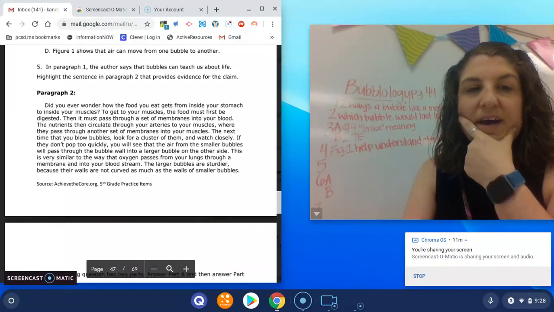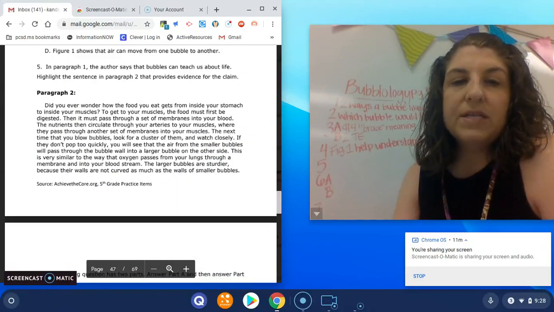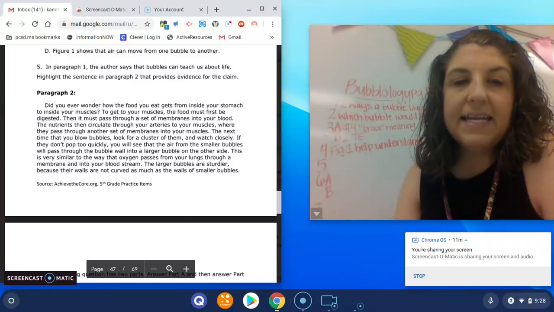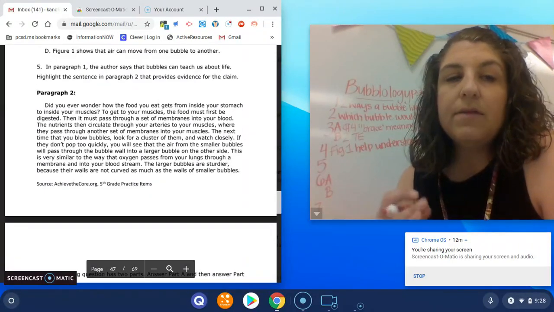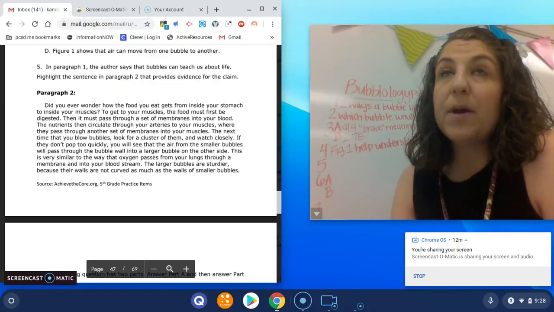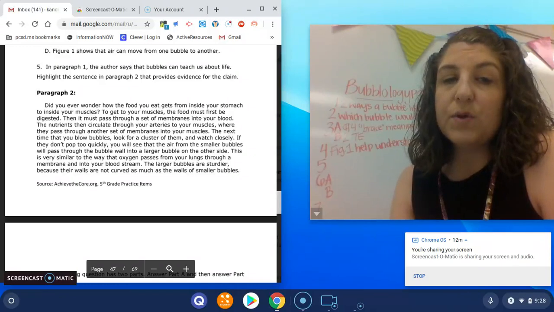Number 5, in paragraph 1, the author says that bubbles teach us about life. Highlight the sentence in paragraph 2 that provides evidence for the claim. Think of this question as a Part B to a Part A, because you're looking for support for information it already gives you.